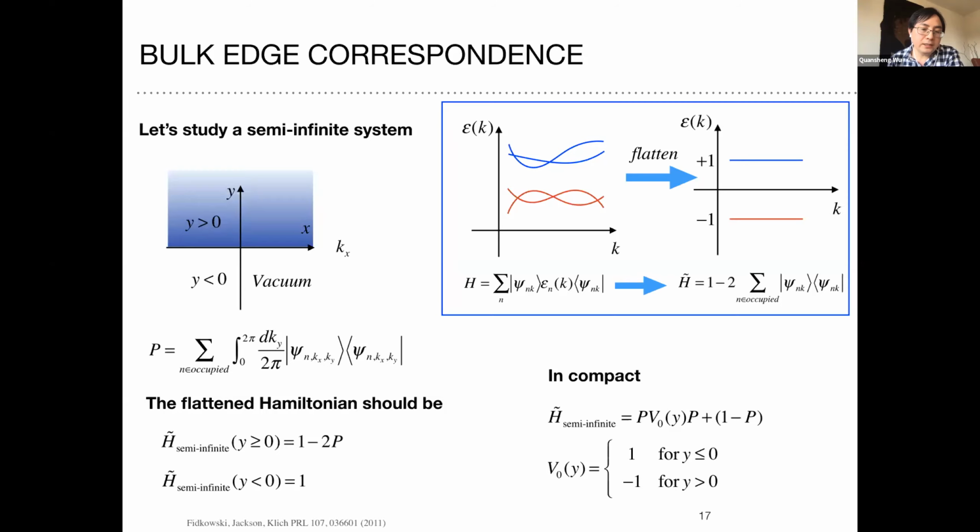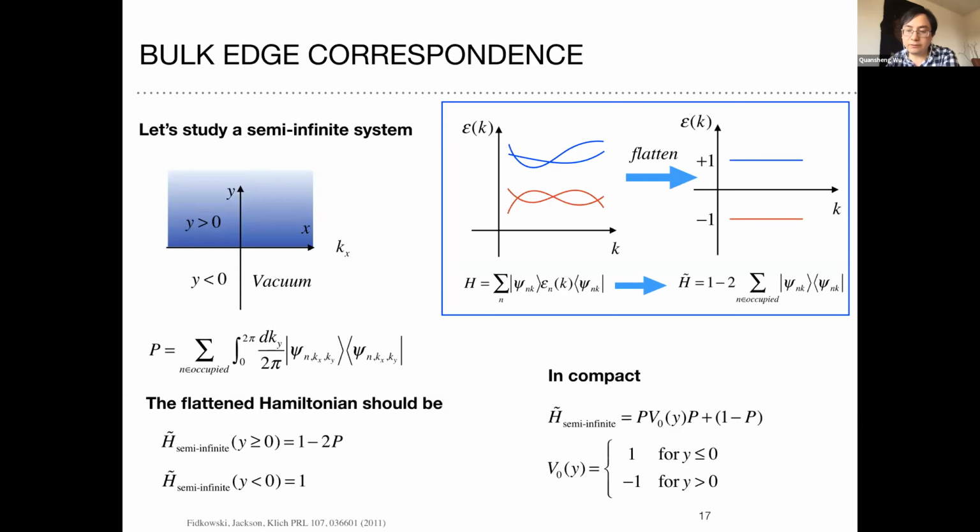For y larger than 0, it should be exactly the same as the bulk Hamiltonian, so it's 1 - 2P. For y smaller than 0, it's just a vacuum, so it's just 1. So in a compact form, it's like this: P times V0(y) times P or 1 - P. Then this V(y) is this form.